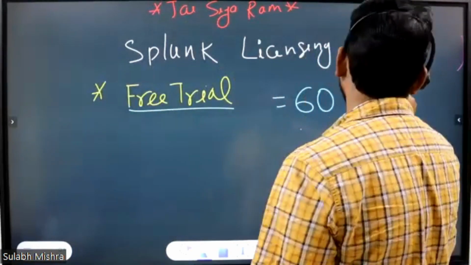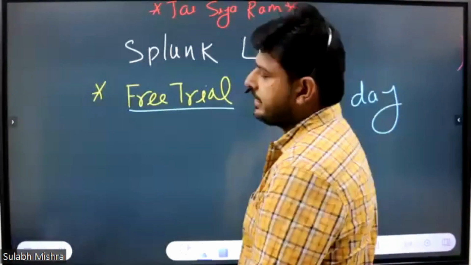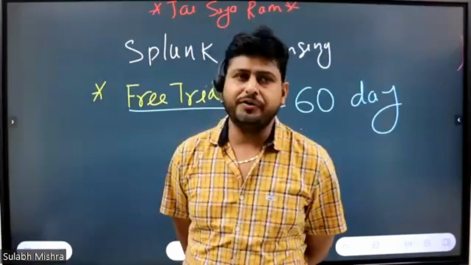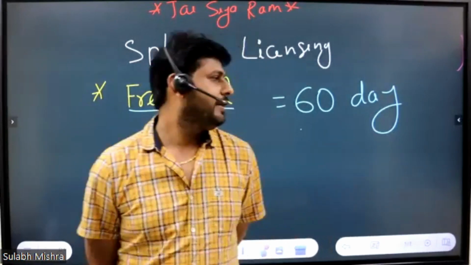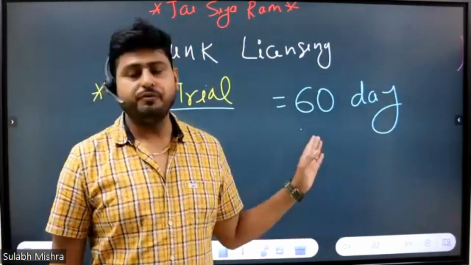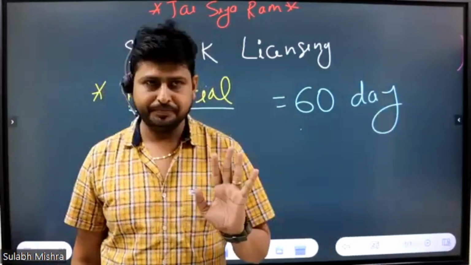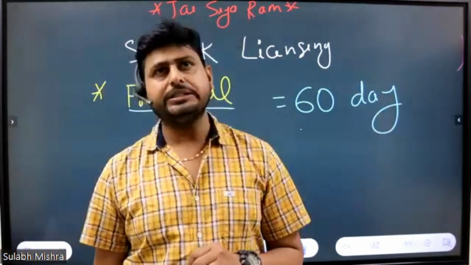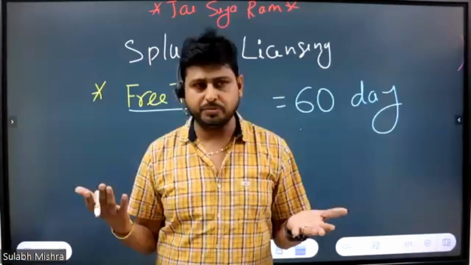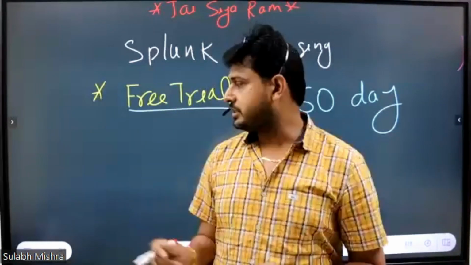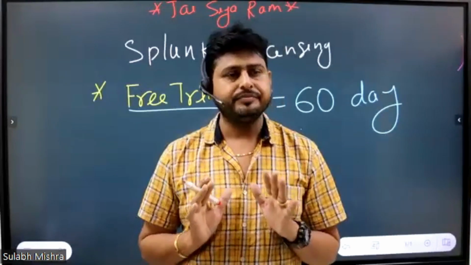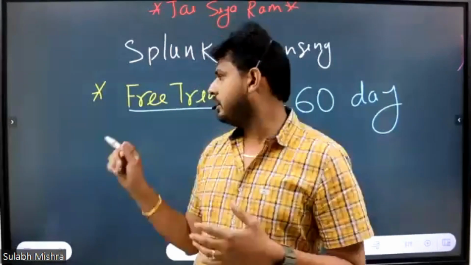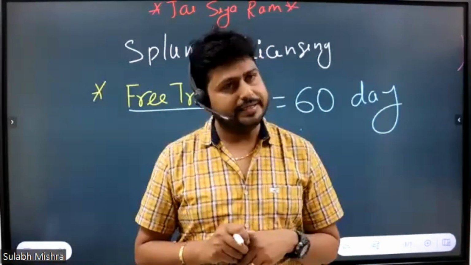That means anybody can log in to splunk.com, create a free account, and download Splunk Enterprise for a 60 day trial period, right? In the free trial license, you have all the functionality of Splunk Enterprise. Whatever Splunk Enterprise functionality you can achieve from a paid license, the same features you can have with the free license as well.